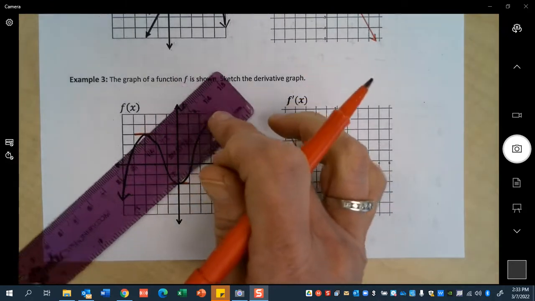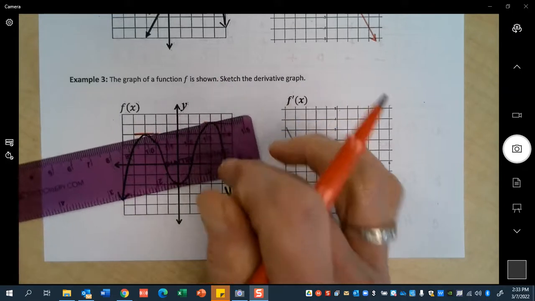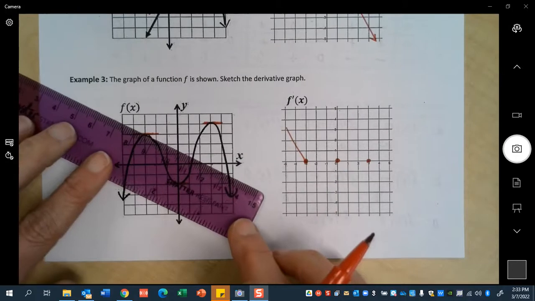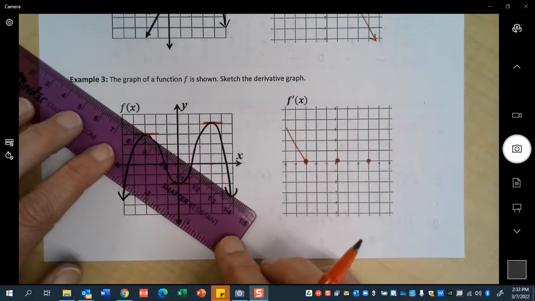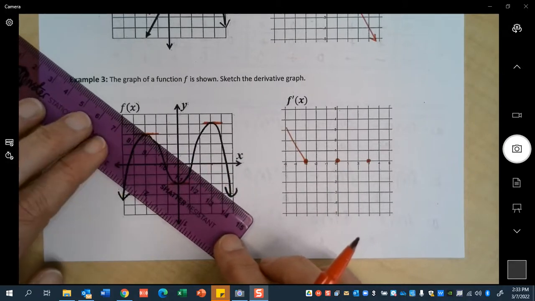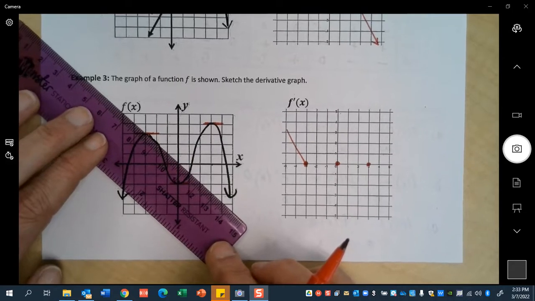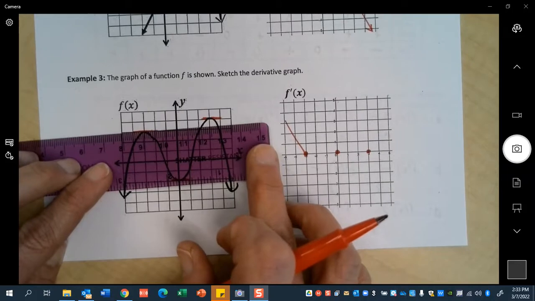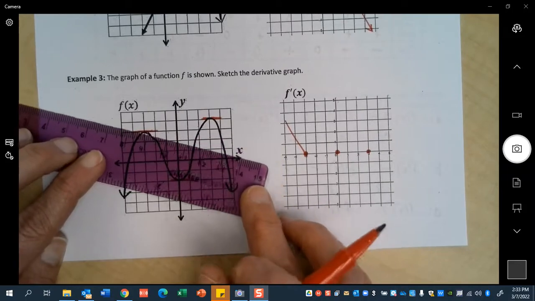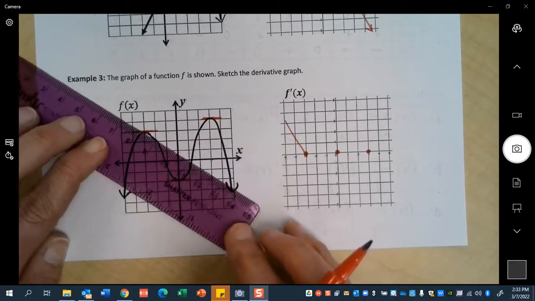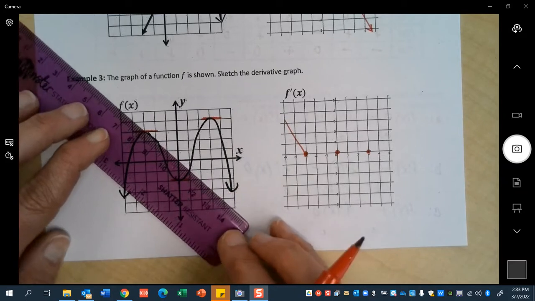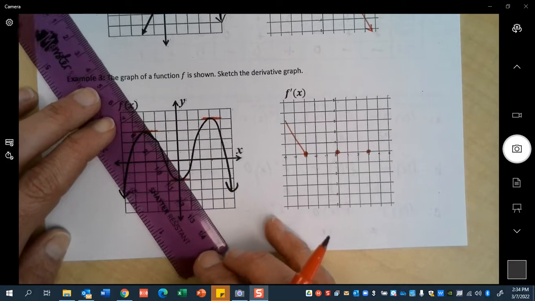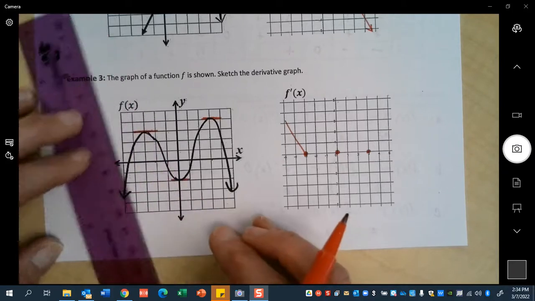What's happening here? I have a 0 slope, and then what's happening? My slope is becoming negative. It's becoming more negative, more negative, more negative.